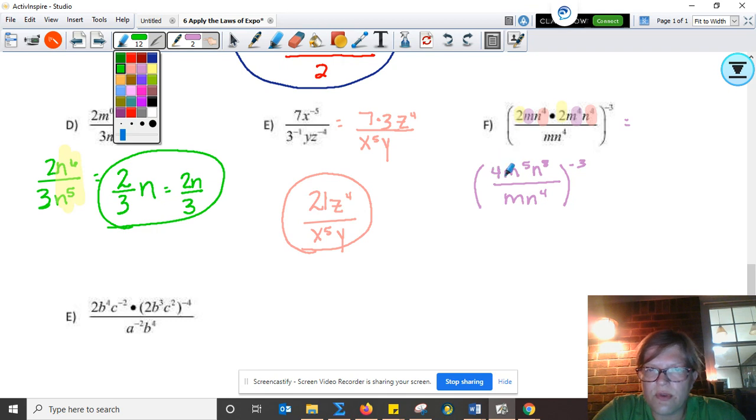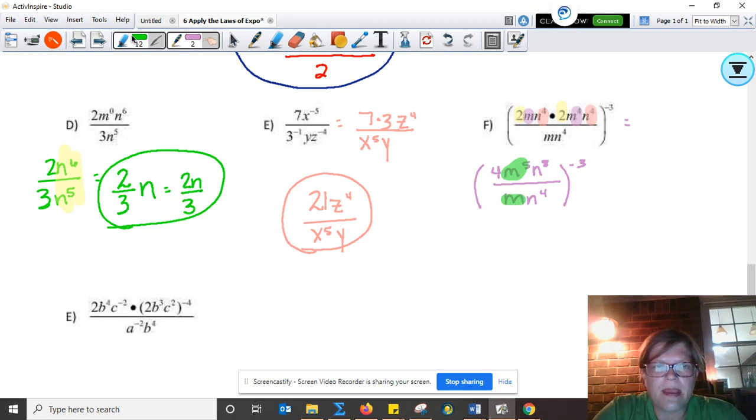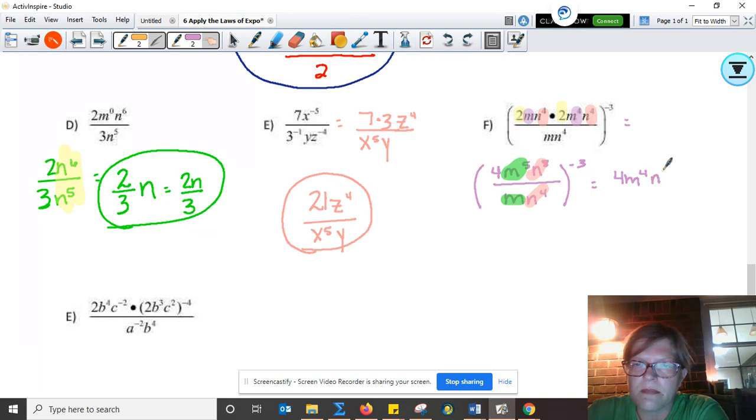I don't have another whole number, but my m's go together, and my n's go together. Since we're dividing, we're going to subtract top minus bottom. So I have 4m, 5 minus 1 is 4, 8 minus 4 is 4. And all that's going to be raised to the negative 3 power.